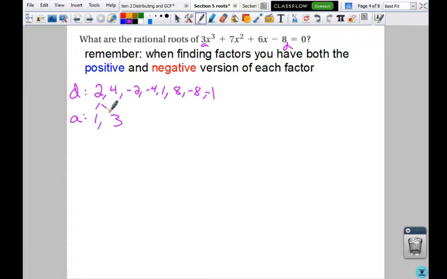So I have 2 over 1, 2 over 3. 4 over 1, 4 over 3. And I'm going to keep going.